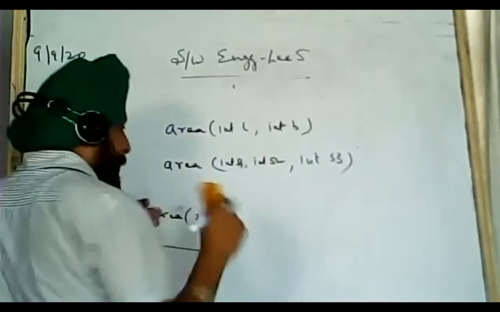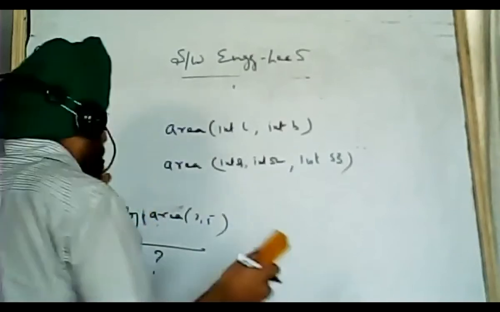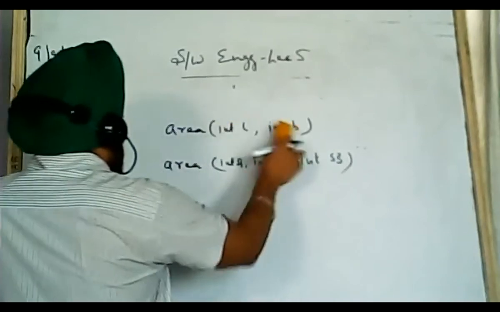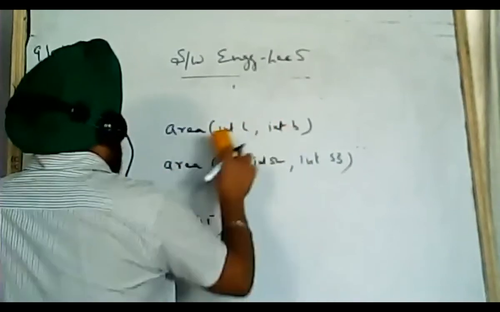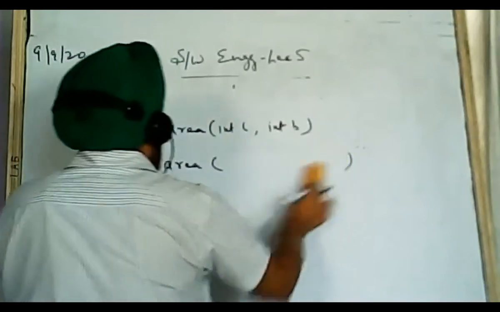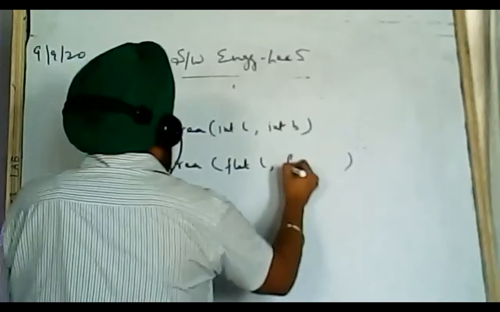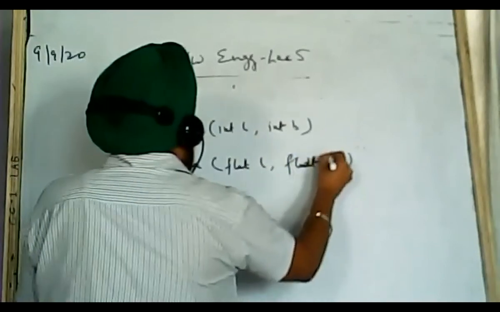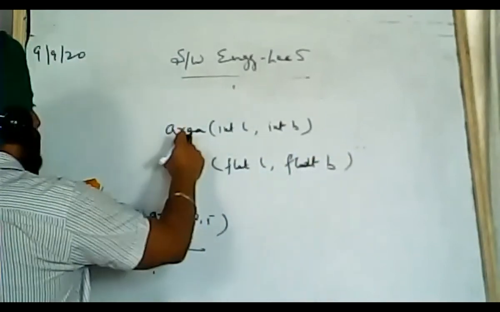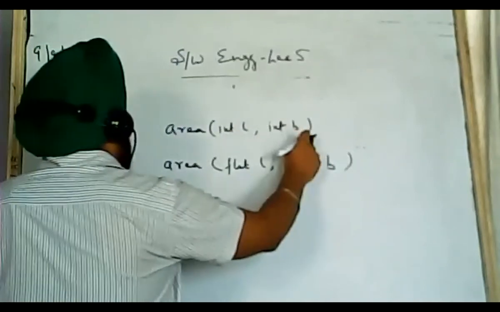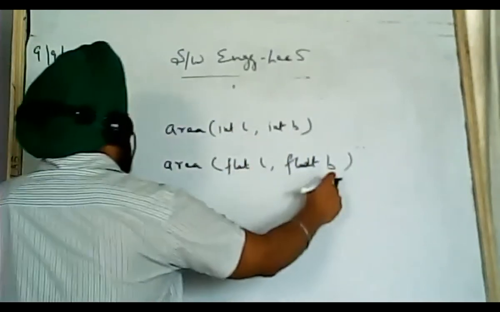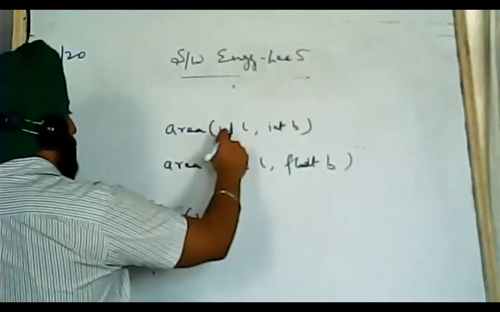The second way of achieving polymorphism is having different data types. Suppose there are two areas. This has two parameters, length and breadth, and this also has two parameters, length and breadth. But see, the data type is different.